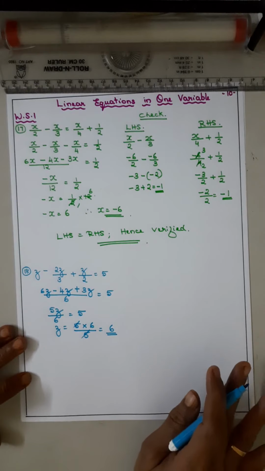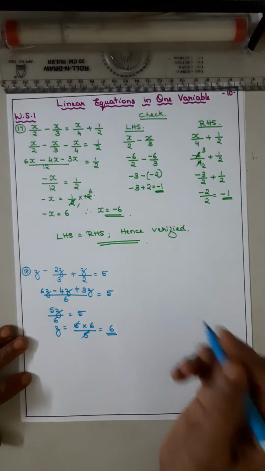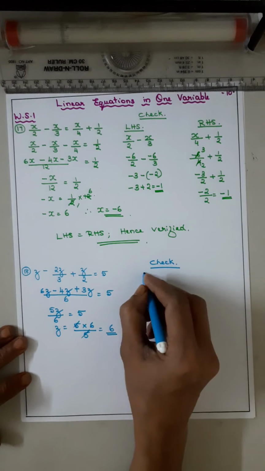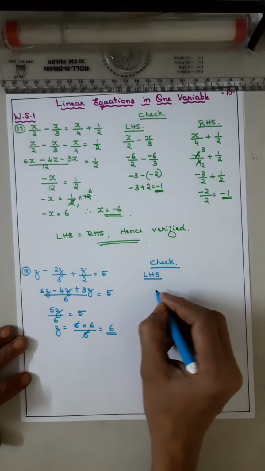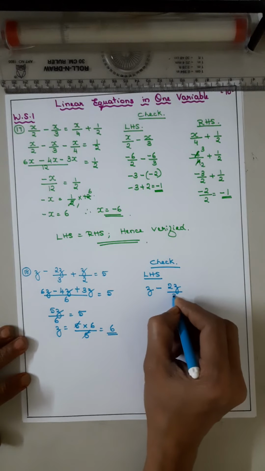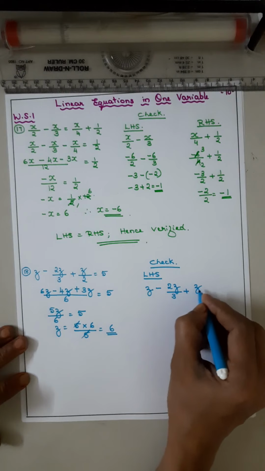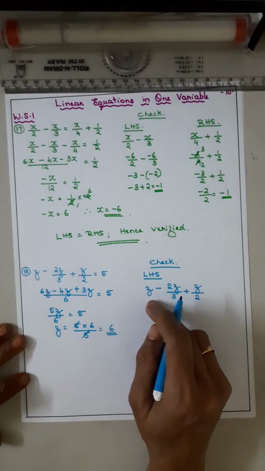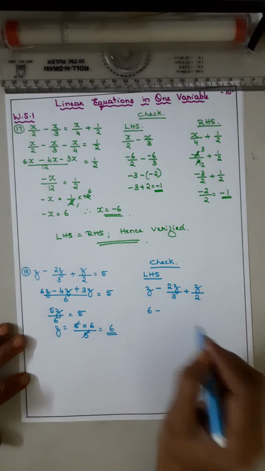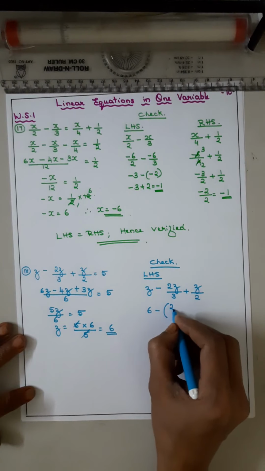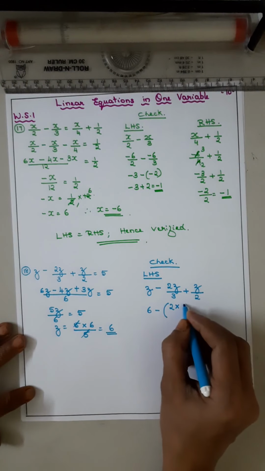Is it clear? Now the check. LHS: z minus 2z upon 3 plus z upon 2. Okay, z, how much is it? It's 6 minus, now bracket open, 2 into z is 6 upon 3.